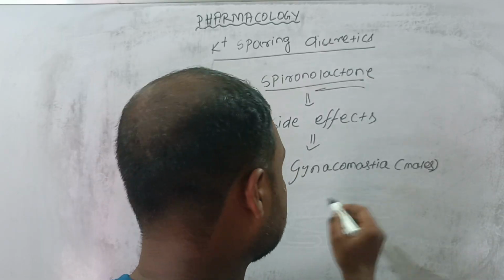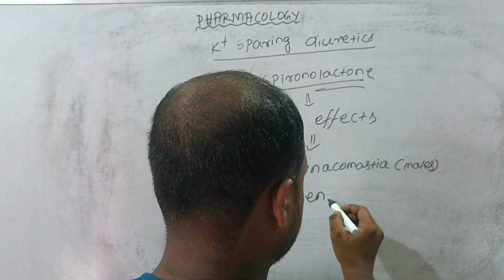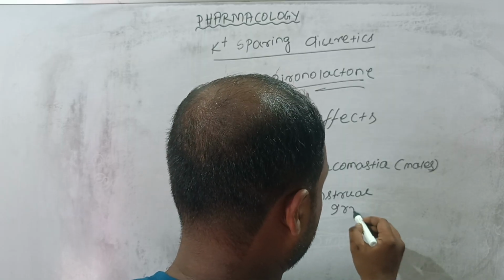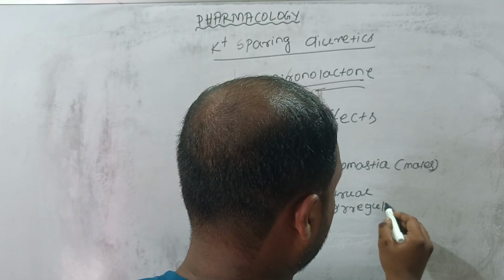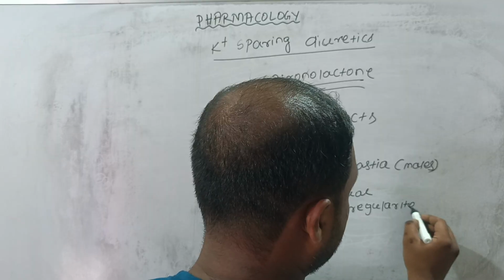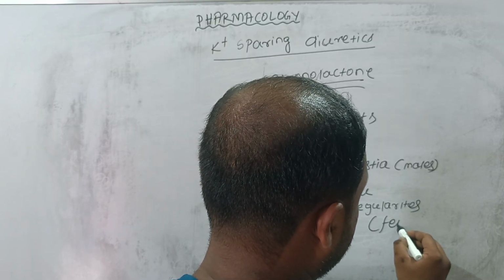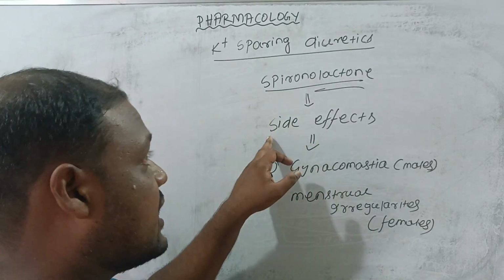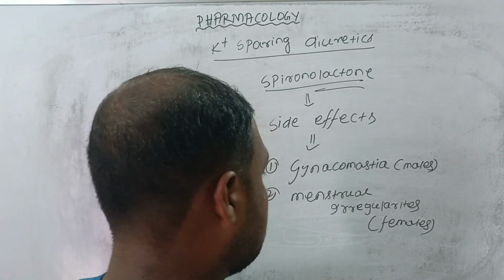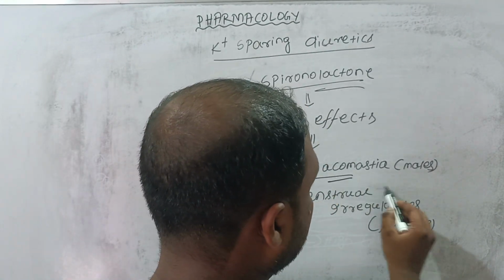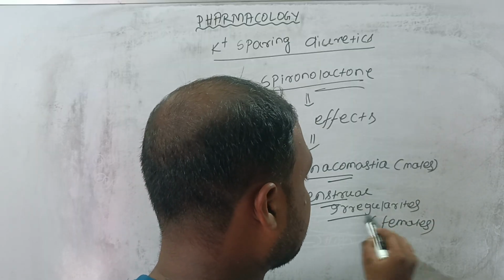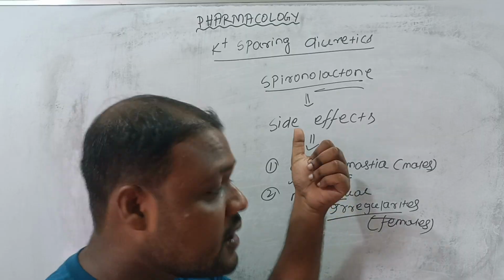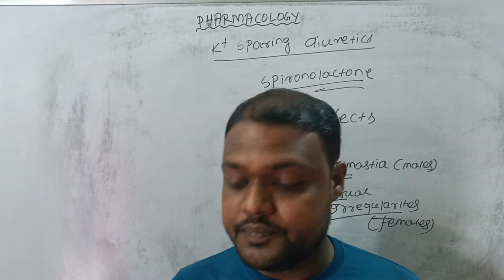Menstrual irregularities in females. The side effects of spironolactone, first one is gynecomastia in males, menstrual irregularities in females. That is the most common side effect of spironolactone.